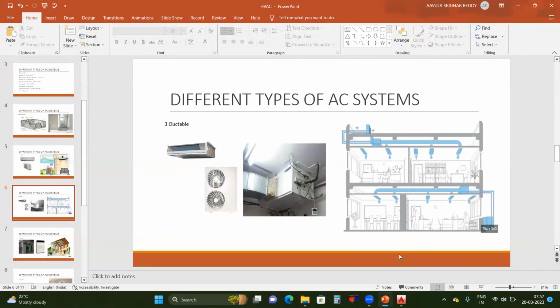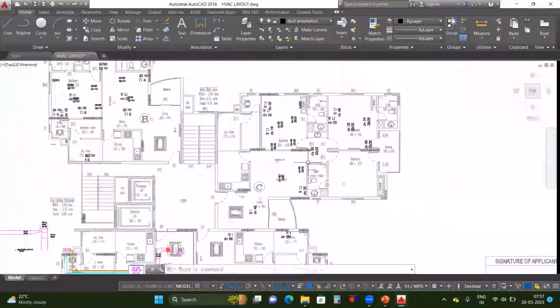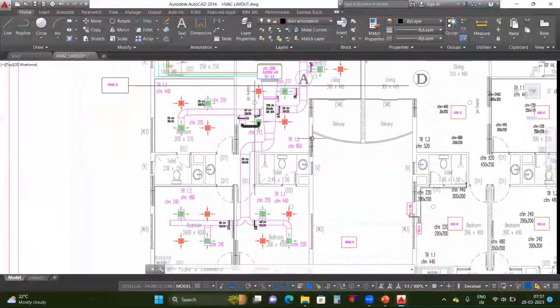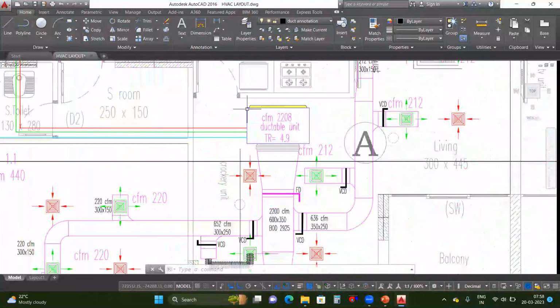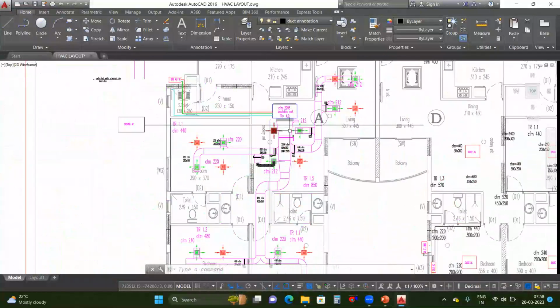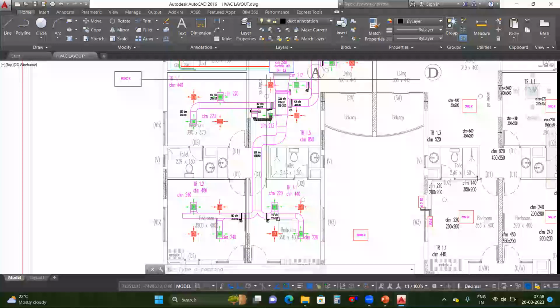So this is the ductable split AC. Here we have one more example. You can see the ductable unit placed here, and we transfer the air through the ducts to the individual rooms.